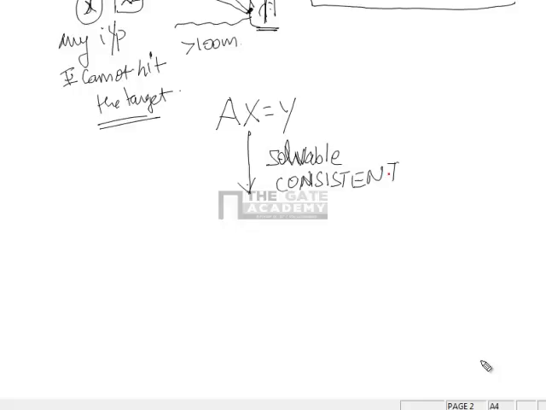Okay? Yes? No. If there is no, then no solution exists. Correct? No value of x will take you to that value of y, meaning no solution exists. If it is yes, then again we need to ask one more question.